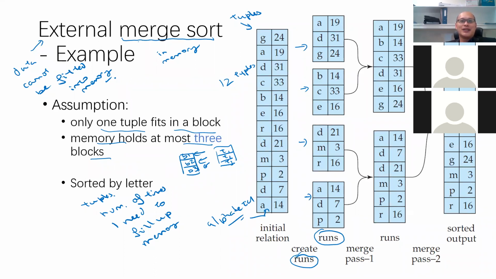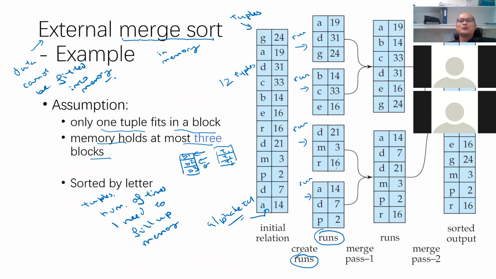Each time I fill it up, I call it a single run. So altogether, there are 4 runs for this example.